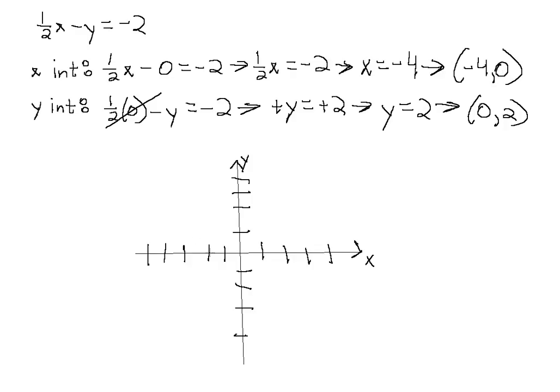So 1, 2, 3, 4 in the negative direction for x and 0 for y. So we're just going to stay right here. And our y-intercept is 0 on the x-axis and then 2. Positive 2. So 1, 2. All right. And all we have left to do is connect the dots.